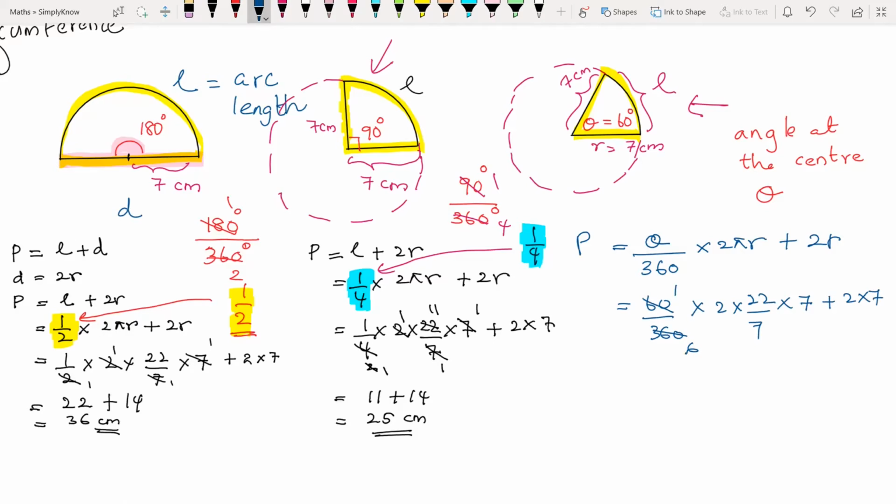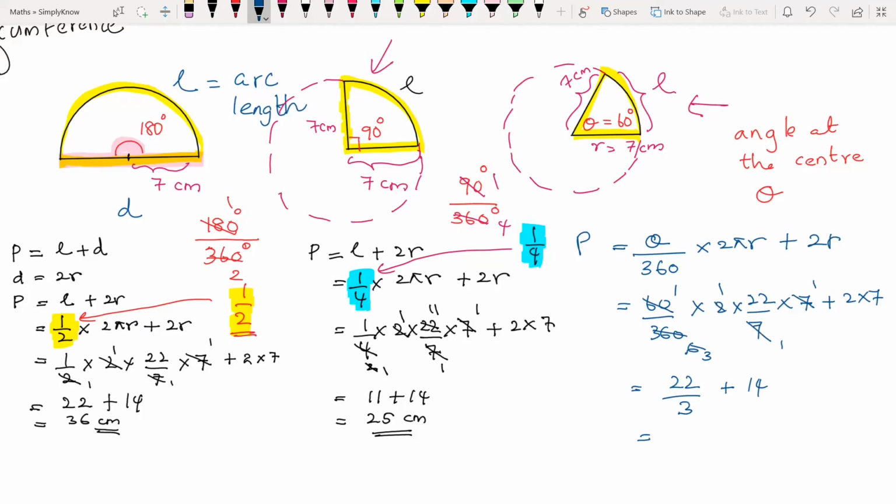And this 2 and 6 we can further simplify. 2 times 3 is 6. Then we can cancel out these 2 sevens. And what is remaining is 22 over 3. And 2 times 7 is 14. Now you can keep this as a fraction or as a decimal.